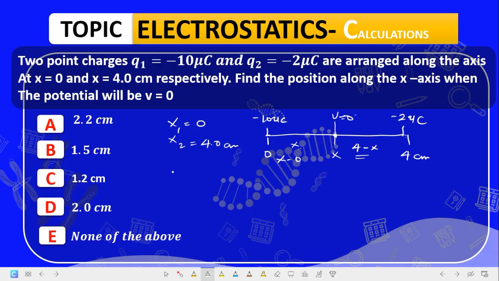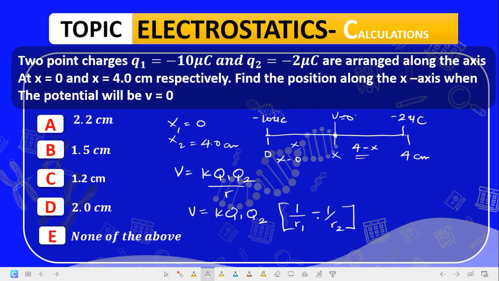Now we said that the potential difference V, we can calculate it using the formula of K Q1 Q2 all over R. But because we are talking about two charges, we can decide to take it as V is K Q1 Q2, then bracket 1 over R1 minus 1 over R2.